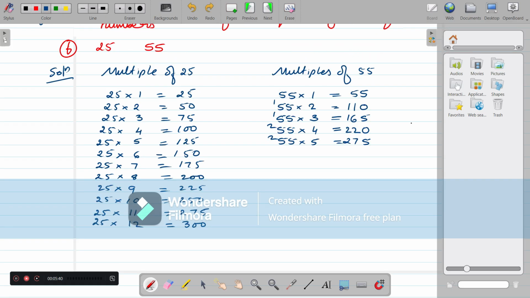I will write 25 into 13, which is 325, and 25 into 14, I will write as 350. And next is 25 into 15, which is 375.